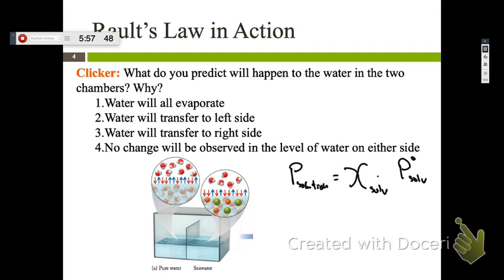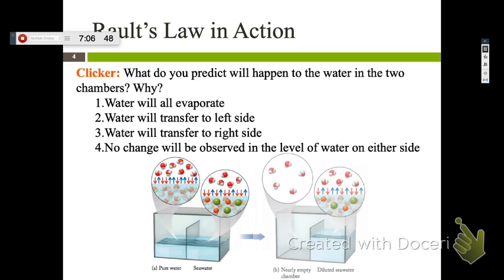And so going back to the description, the water molecules not only have to have the right speed, but they also have to be able to get to the surface of the water. So if there's more things blocking the surface, a larger proportion of the surface is blocked, and that proportion of molecules don't evaporate. So if you give this enough time, you will have only molecules of water on the right side.